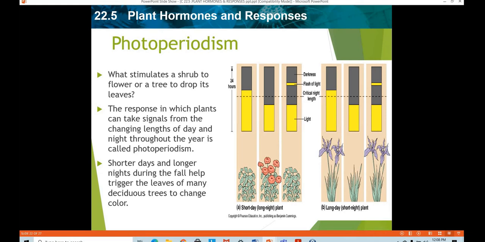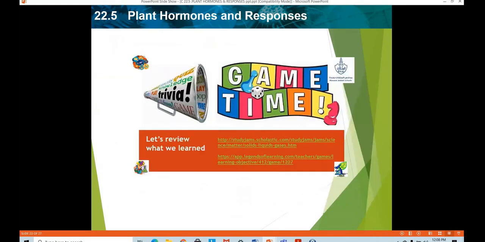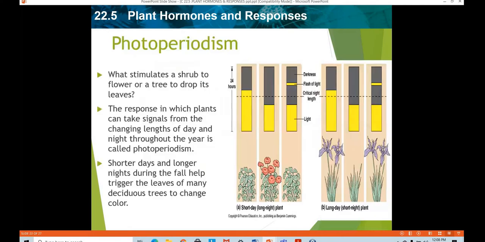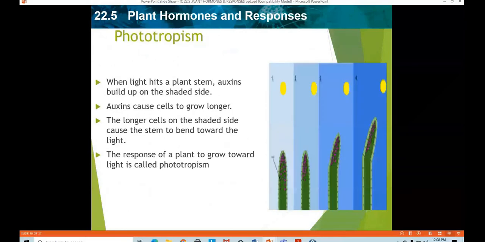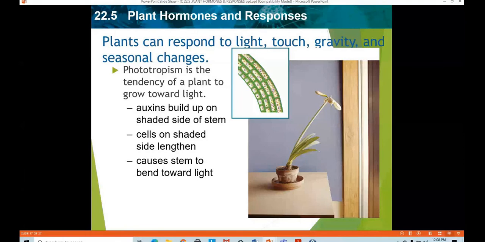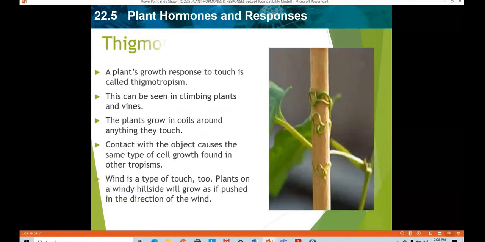So this is explained in photoperiodism. I believe the topic is clear. Let me go through the responses to the stimuli once again. We spoke about phototropism, which is the response of plants to sunlight.